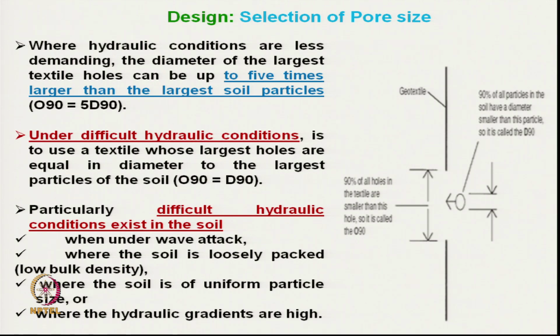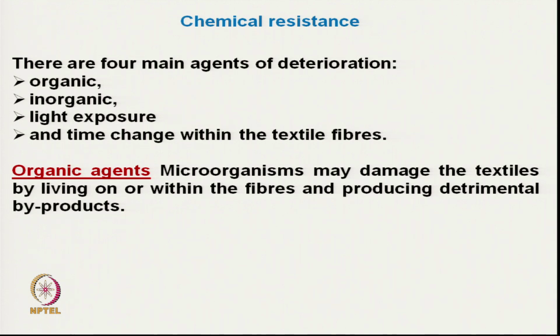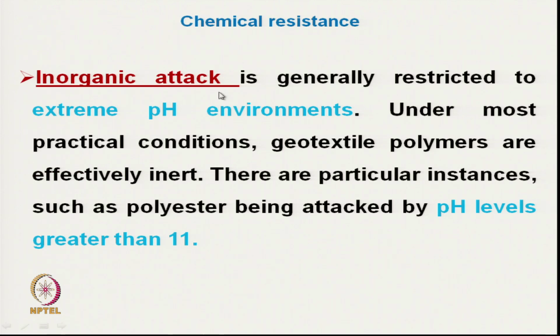As far as chemical resistance is concerned, there are 4 main agents of deterioration: organic, inorganic, light exposure and time. With time, the organic agents, the microorganisms, may damage the textile by living on or within the fiber. Inorganic attack is generally restricted to extreme pH environment.